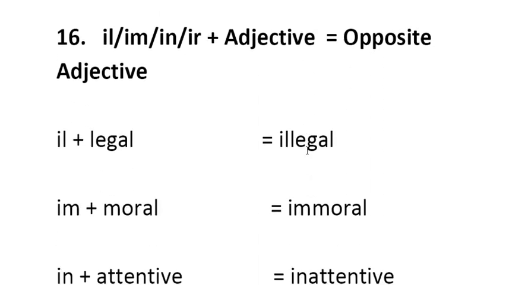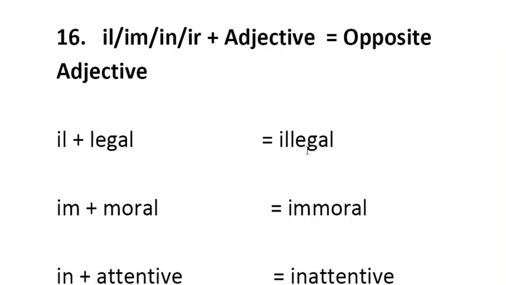Rule 16 is about prefix, and if you add prefix il, im, in or ir with adjective, then it becomes opposite. These are very frequent, these are very important, you may find this anywhere.